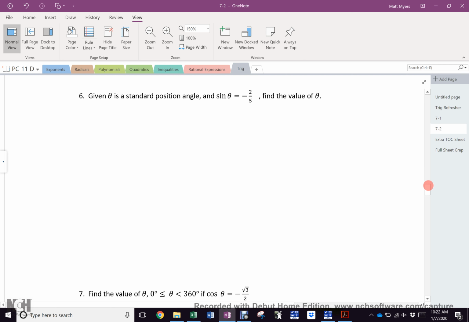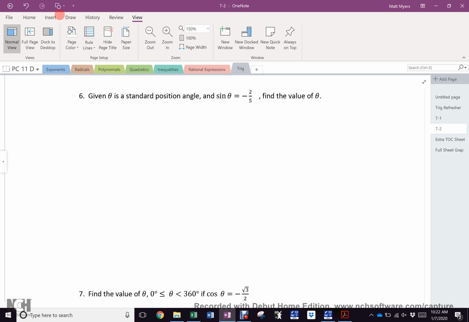Okay, read that question. Before you draw or think about it, you already know a bunch about this angle, don't you? What do you know about the angle? And its sine is negative. So its sign is negative.